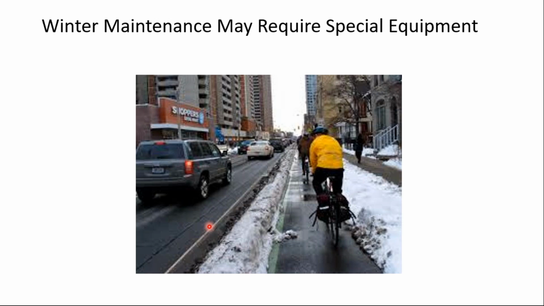I think we mentioned on Tuesday, winter maintenance may require special equipment for separated bike lanes, since if there is that buffer, which I guess there is under the snow here, a conventional snowplow can't get into that separated bike lane. So you may need special skid steers or small tractors or those types of devices to clear the separated bike lane.